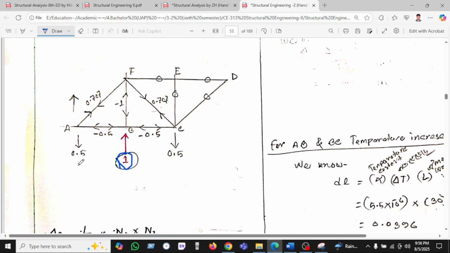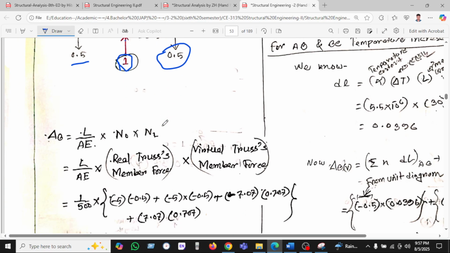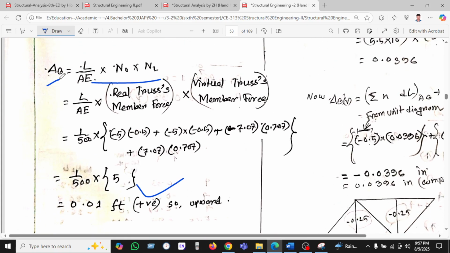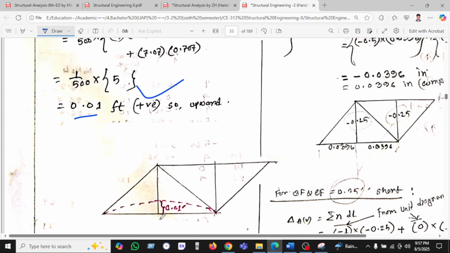This is downward, so it will be upward, which means this member force will be upward. Calculating all these values and putting them in, finally the deflection at B will be 0.01, which is positive.